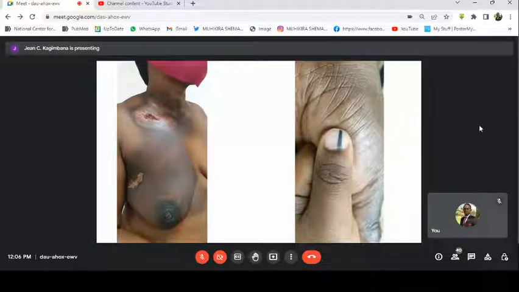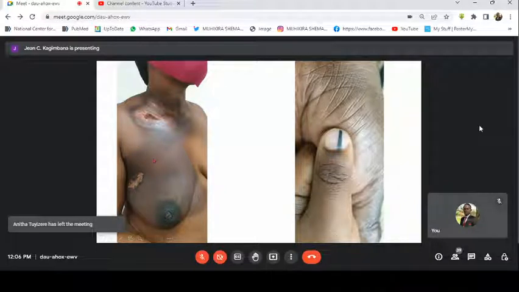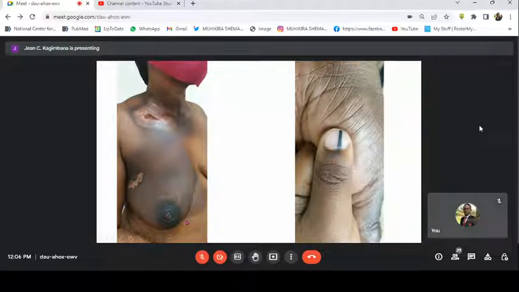You may just say hyperpigmented because it is black. You are going to say black. Hyperpigmented patch. Okay. Then you characterize the location where it is.